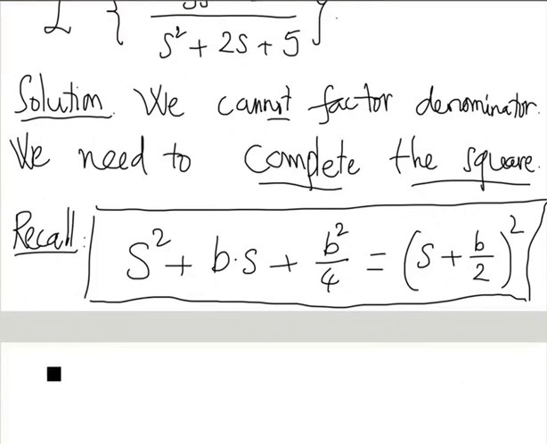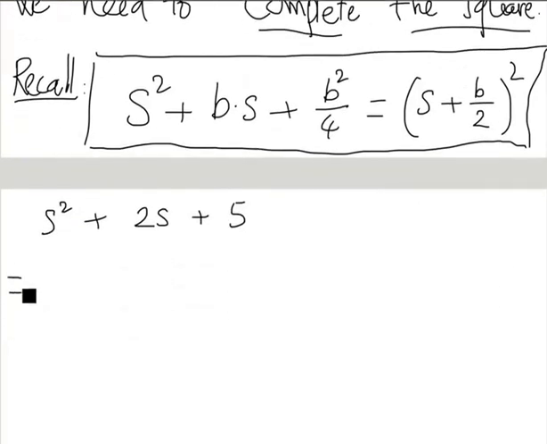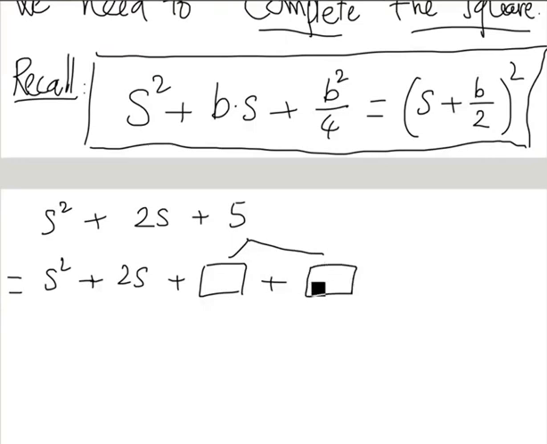So to complete the square for our denominator, s squared plus 2s plus 5, what we're going to do is this: s squared plus 2s, and now we split 5 into the sum of two things. The first term is to make sure that we have a perfect square for the first three terms.